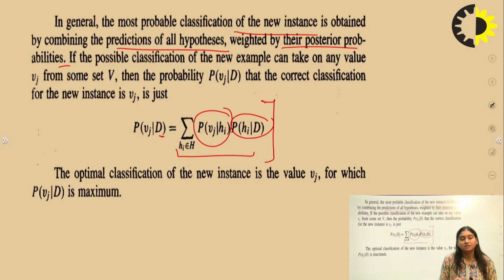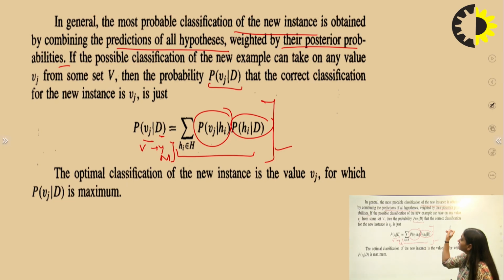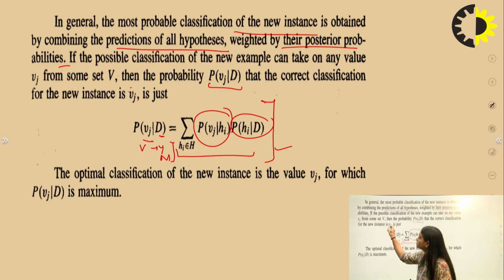Anything which can be classified with the help of this equation or formula is the Bayes optimal classifier. If the possible classification of the new example can take on any value Vj, which can be yes or no, if we are dealing with binary classification, then the probability P(Vj | D) that the correct classification for the new instance is Vj is given by this particular formula.